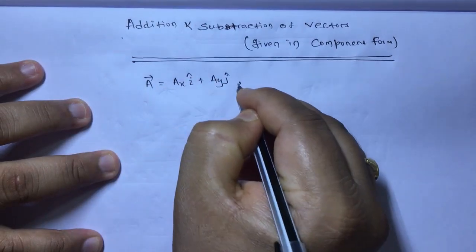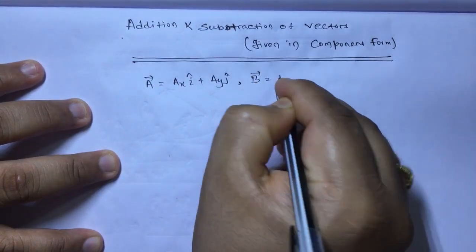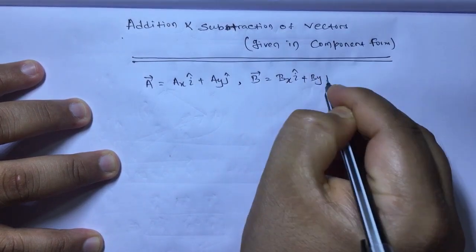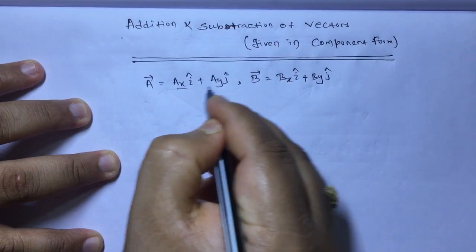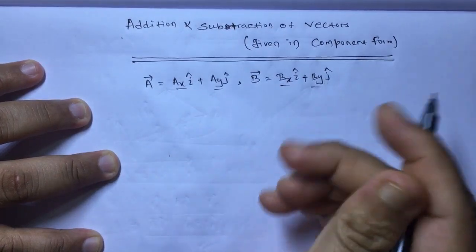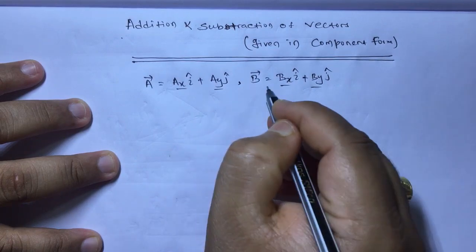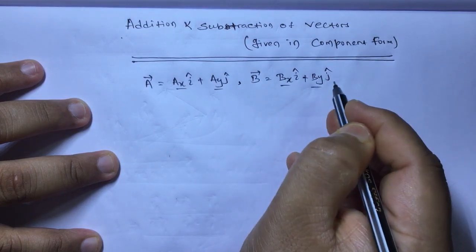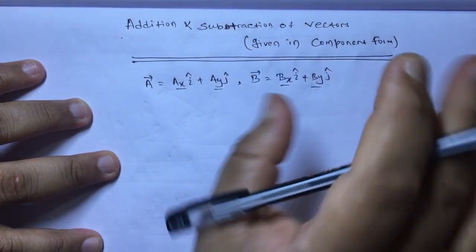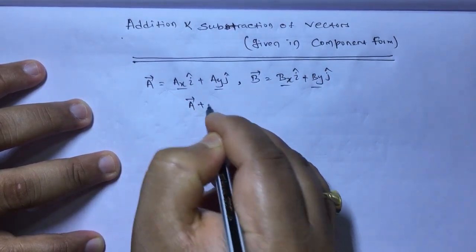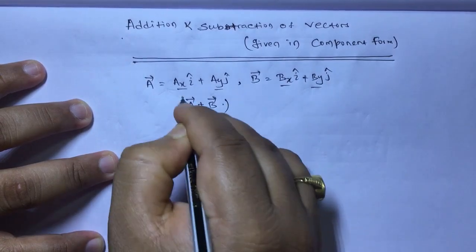A vector is this and B vector is given as bx I cap plus by J cap. Remember, this ax, ay, bx, by are nothing but some numbers, like 2 I cap plus 3 J cap, or 5 I cap plus 6 J cap. Okay. So, it is given like that, and it is asked to find A vector plus B vector.